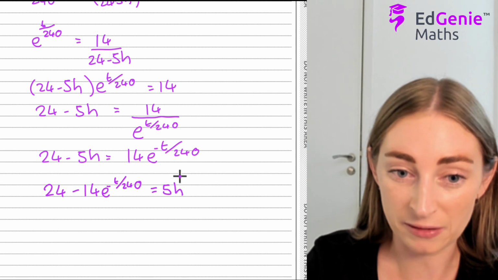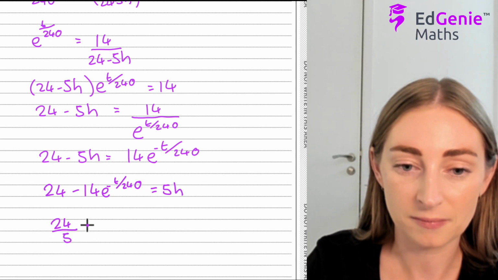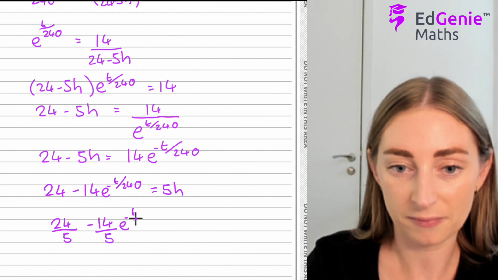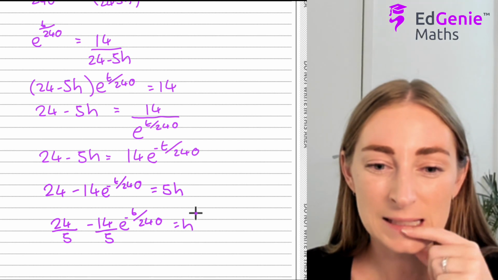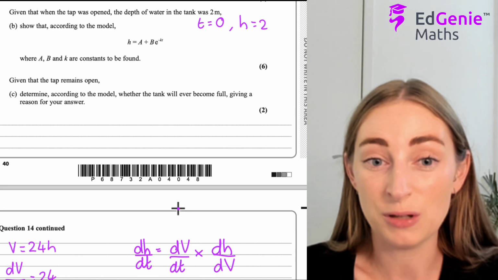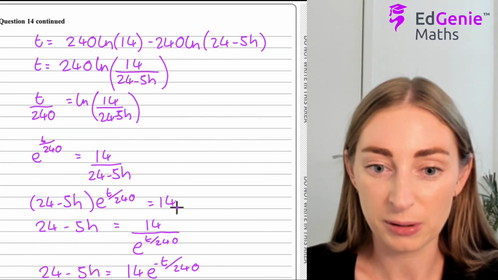Then I'm going to divide everything by 5. Equals h, and did it say anything about being integers? No, it just said about being constants. So let's hope we got that right.